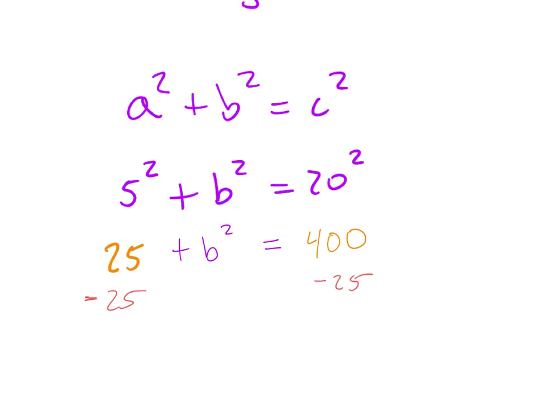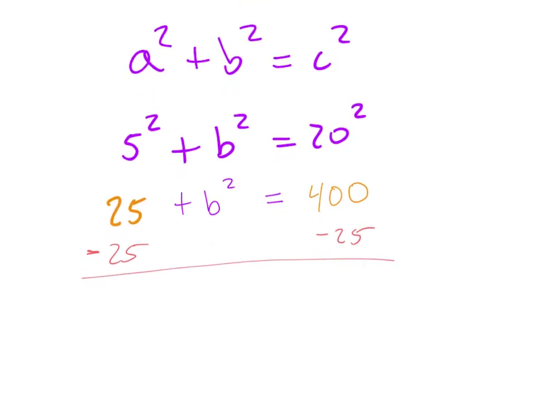Minus 25. 375. So these cancel. On the left side, what's left? B squared equals, on the right side, 375. So we have b squared equals 375.